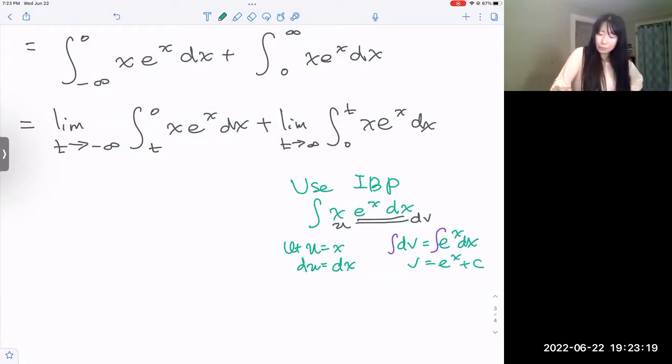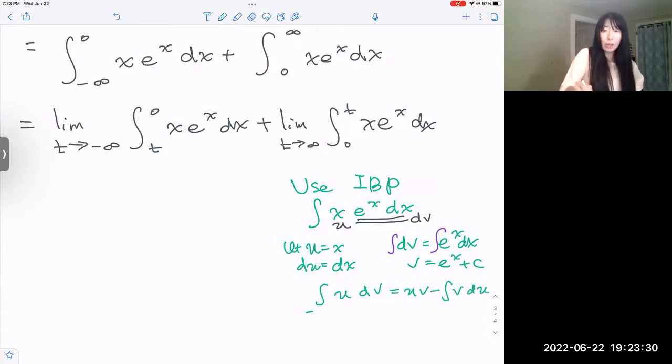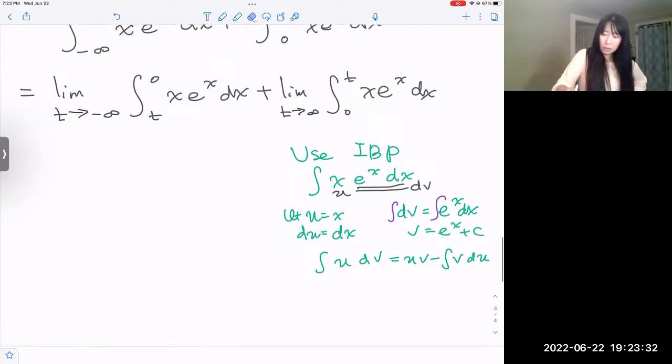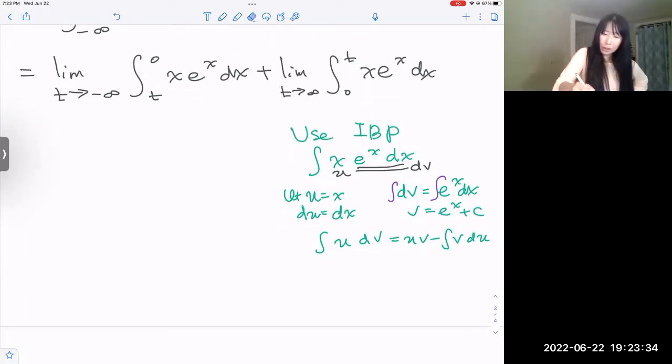So we have u dv, then we're going to use uv minus the integral of v du. We're using the formula. All right, so uv, u which is x, v which is e^x, minus the integral of v which is e^x, du which is dx, right?